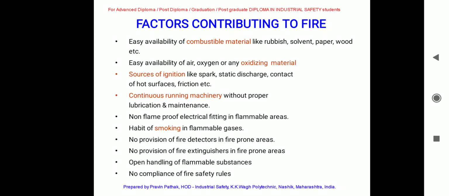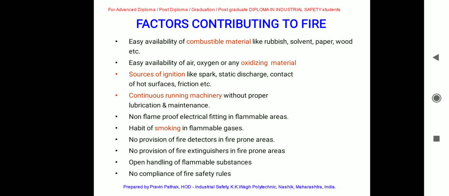Then continuous running machinery. Without proper lubrication and maintenance, continuously running machinery may generate friction, heat and spark. Non-flameproof electrical fittings in flammable areas: if the area is flammable, the fittings should be flameproof, but if they are not, then the chances of fire are there. The habit of smoking near flammable gases is one factor.